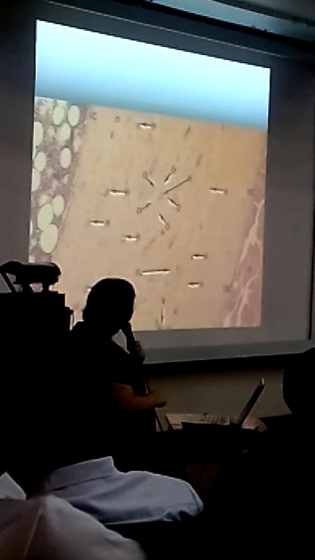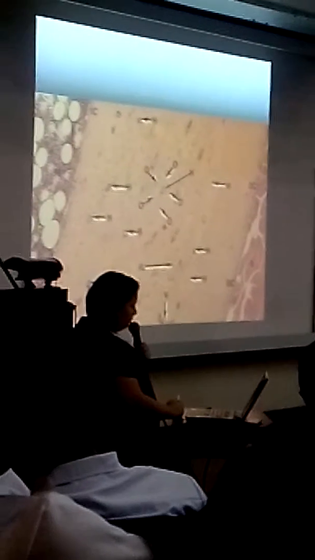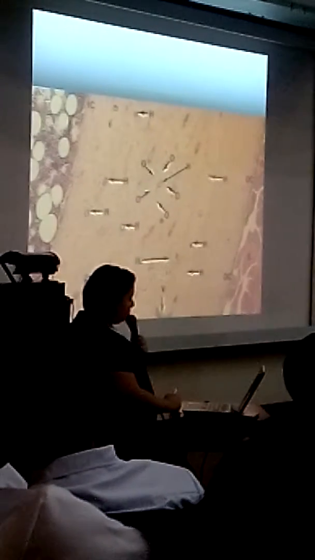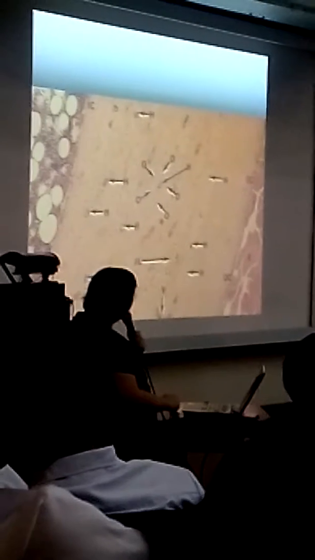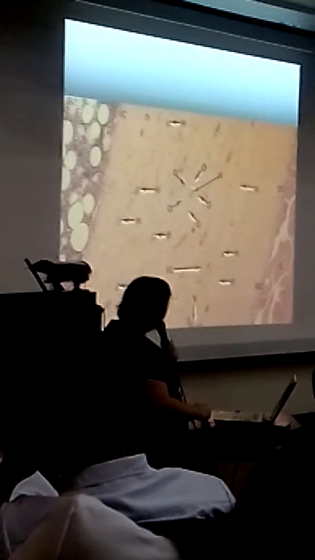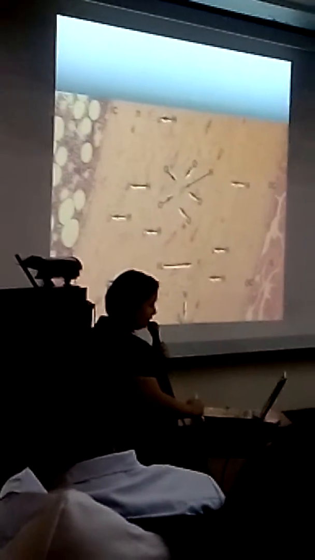Then you have this one. What do you think of this? That's the Haversian system or the osteon. So what are the O's? Osteocytes. So they're inside the bone, usually surrounded by the matrix.